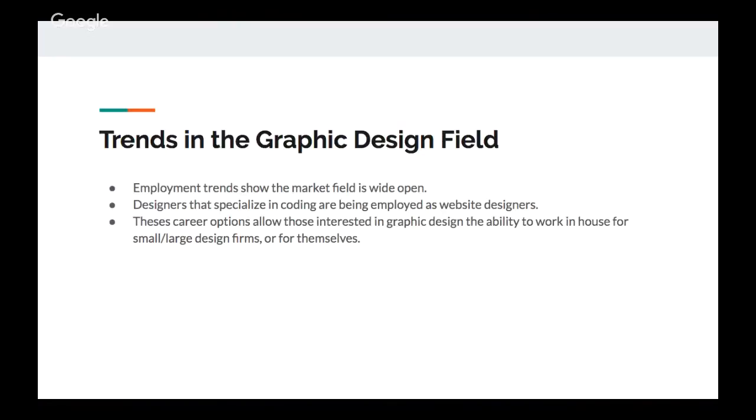In website design alone, designers can create logos, backgrounds, advertisements, site headers, and the little graphics called buttons and banners. These career options and more allow individuals interested in graphic design the ability to work in-house for large or small design firms. Or they can work for themselves with their own business.